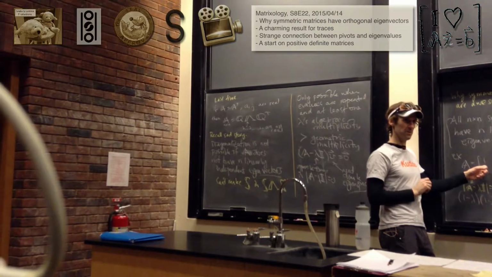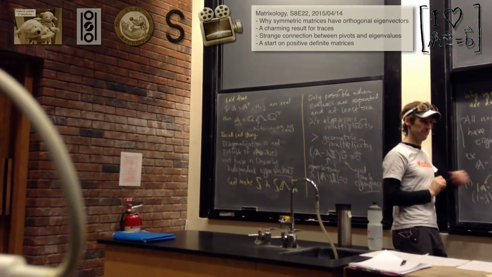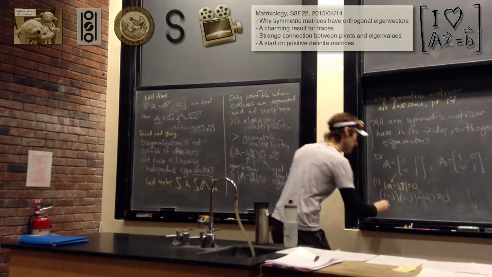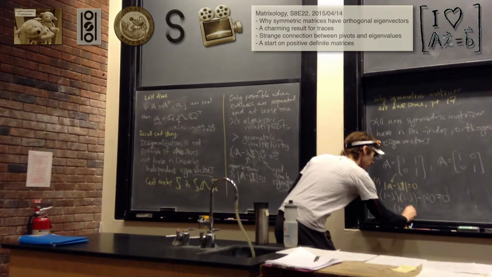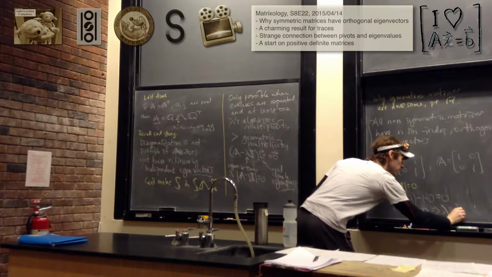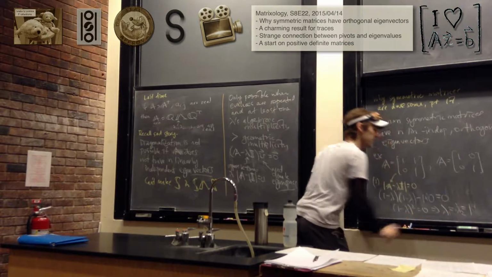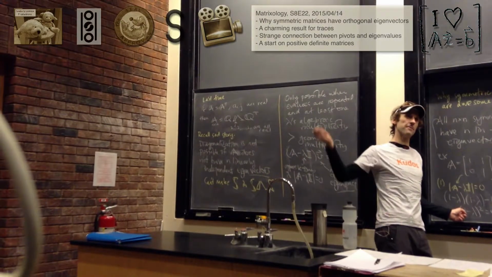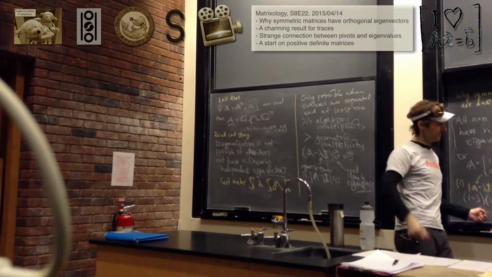But we've got to concentrate on this little piece. So it's 1 minus lambda squared equals 0. So lambda 1 equals lambda 2 equals 1. So lambda equals 1 has an algebraic multiplicity of 2.